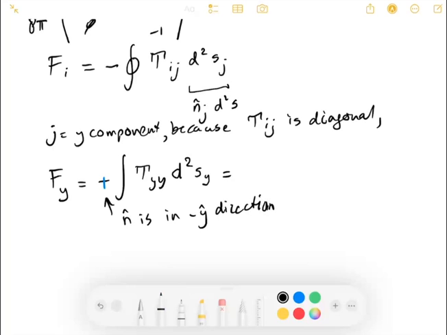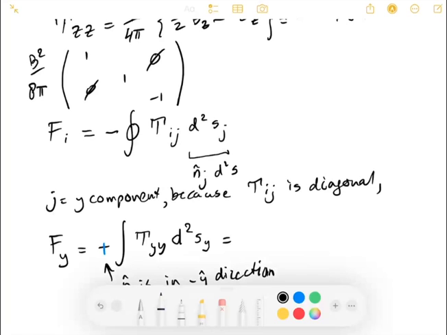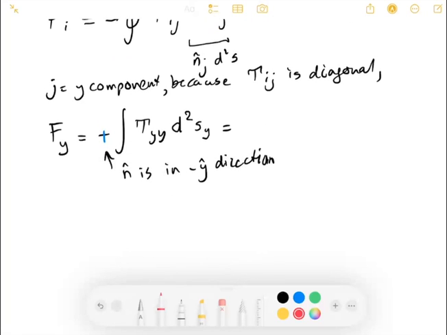All right, well, what's the number? Tyy, we'll look it up. Tyy is this guy. It's just 1 times b squared over 8 pi. All right, here we go. So we get b squared over 8 pi, and we still integrate that over the entire face.